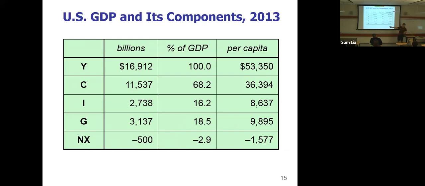But that negative is not big enough to mean that overall we're not making more stuff, because the vast majority of the stuff we make is bought by ourselves. Americans are buying our own products. Foreigners are only buying like $2 trillion or $1.5 trillion worth of our stuff, which is about a tenth of what Americans buy.